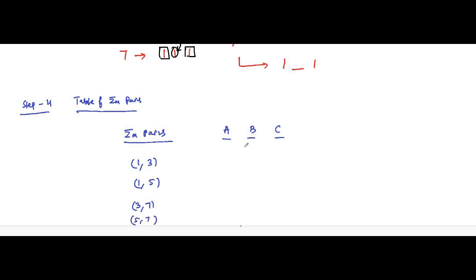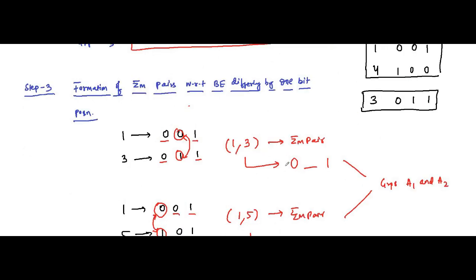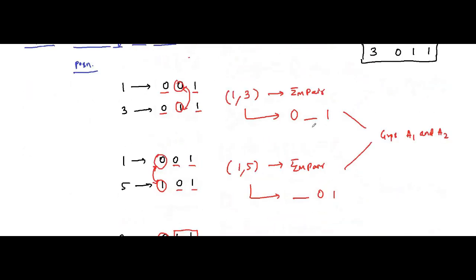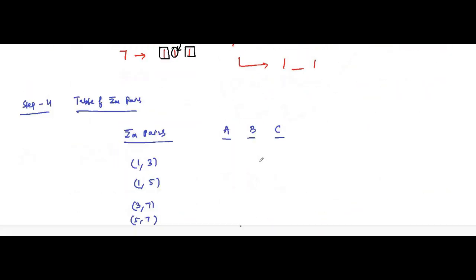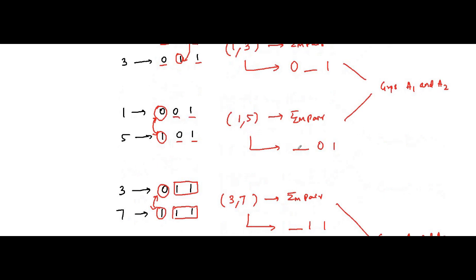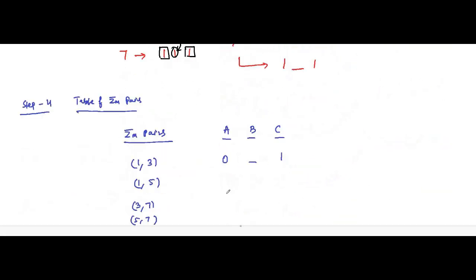So the representation of 1, 3 is 0 dash 1, and 1, 5 is dash 0, 1. Why I am representing it this way, I have already explained. We are keeping the similar bits as they are, and where they differ by 1 bit, we are replacing it with a blank space.